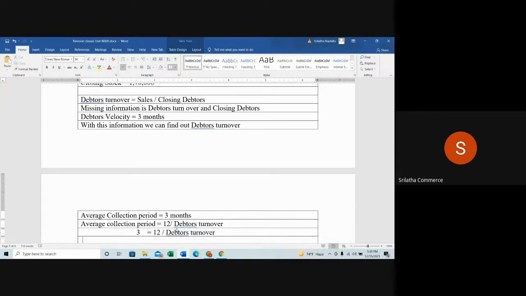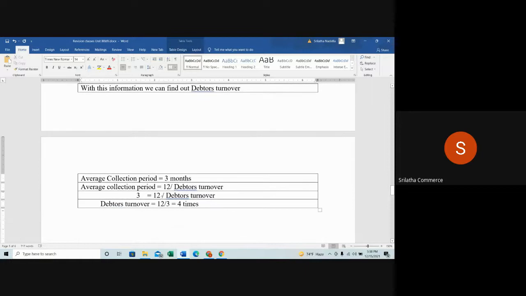So debtors' turnover, how much are you getting? 4 times, I think. 12 divided by 3, fours are 12, is equal to 4 times. This is your debtors' turnover.